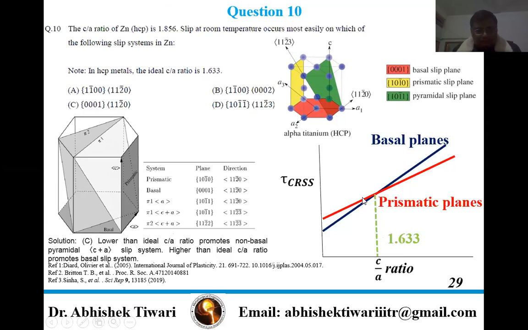So the correct answer is option C, that is (0001) 11-20, the basal slip plane, because for above 1.633 the basal plane is favored. So option C is correct.